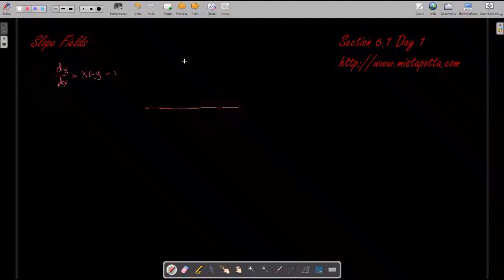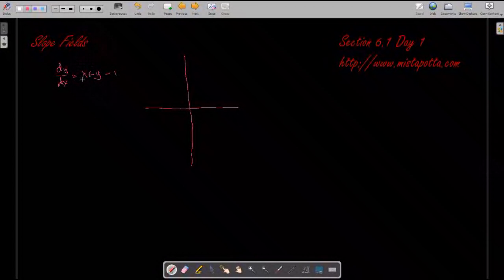If I take a look at this coordinate axis, I need to look at values like the origin. If I substitute 0, 0 in here, I end up with the slope of negative 1. And what that means is that at the origin, I'm going to have a line segment whose slope is negative 1.